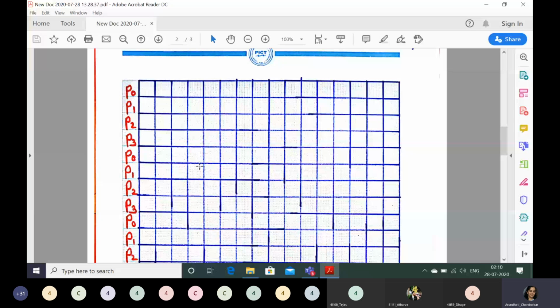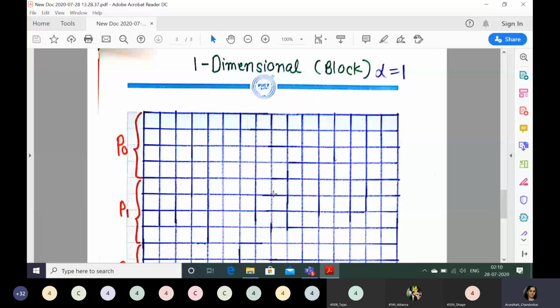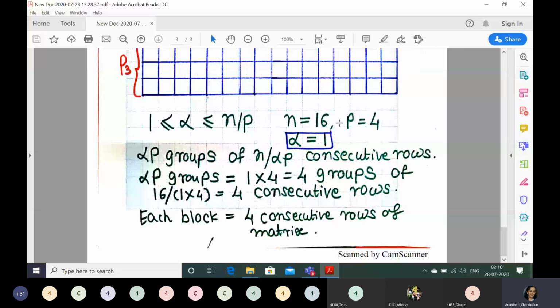Again, last case. Again, we are with one dimensional, same data, and I am substituting the lower bound alpha. First, see the calculations. Same equation. Now this is my lower bound. Data is same. N is 16, that is the dimension of the n by n matrix. I am dealing with a 16 by 16 matrix. Number of processes remains the same. I am only substituting the lower bound alpha as 1.